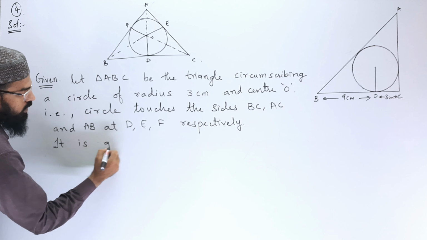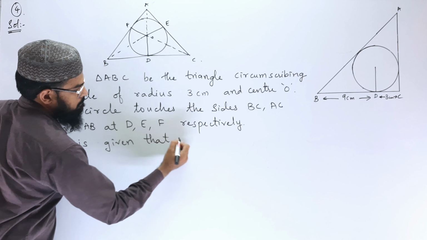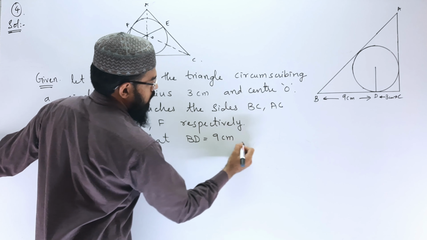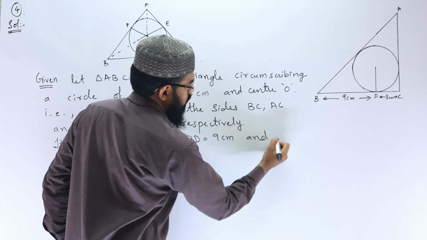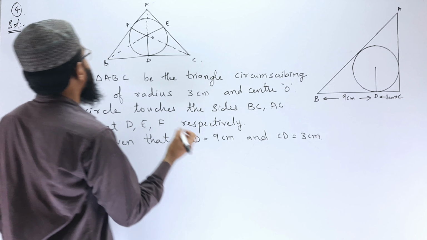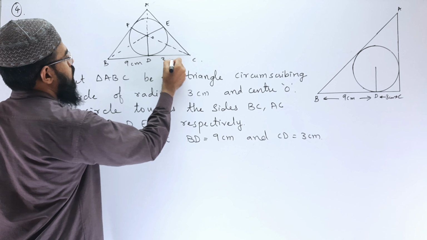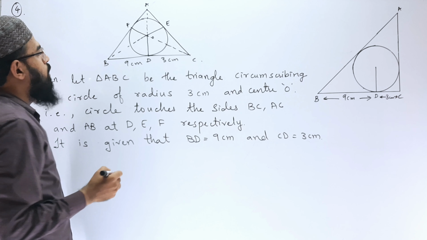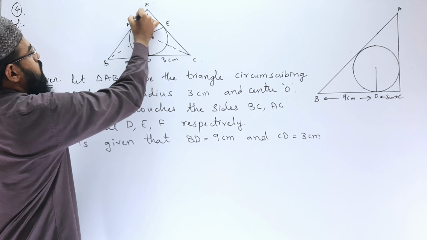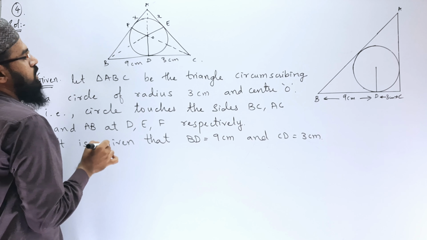So it is given that BD is equal to 9 centimeter and CD is equal to 3 centimeter. We don't know about AF, that will be x, and AE is equal to x.